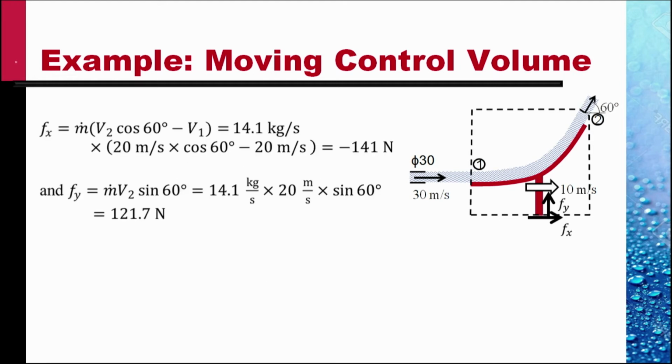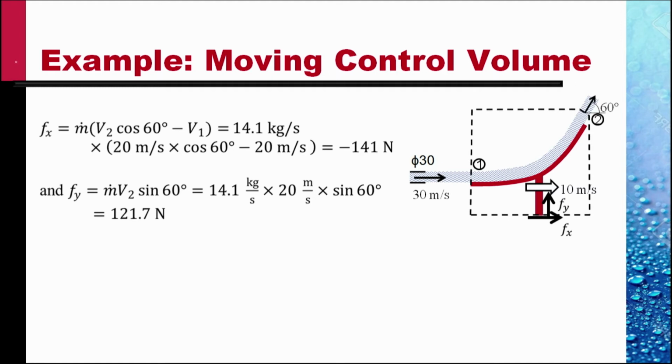So the force Fx is equal to m dot into V2 cosine 60 degrees minus V1, and this is equal to 14.1 kilogram per second into 20 meters per second into cosine 60 degrees minus 20 meters per second, which is the value of V1. This gives you a net value of minus 141 Newton, to the left.